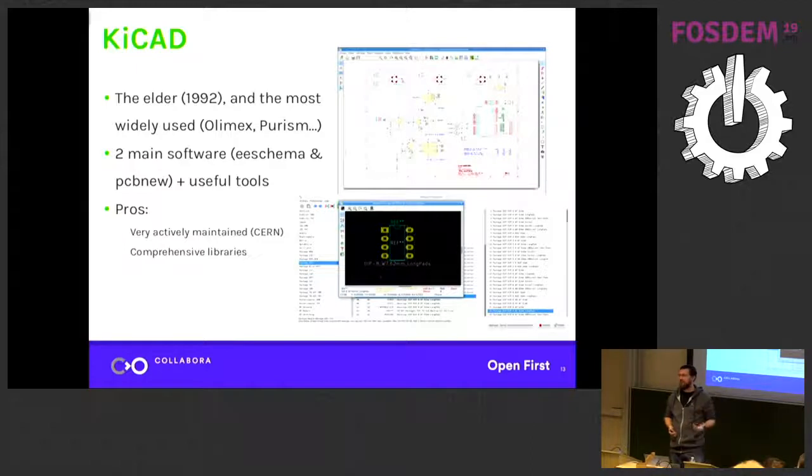If not in the default library, you will mostly be able to find it in a third-party library. It has advanced routing abilities, like the push and shove router, and the routing of differential pairs with the same length for every track. And it integrates a simulation engine based on SPICE and 3D preview.